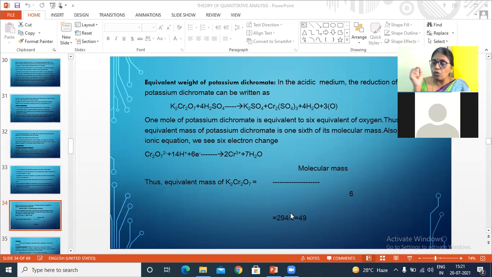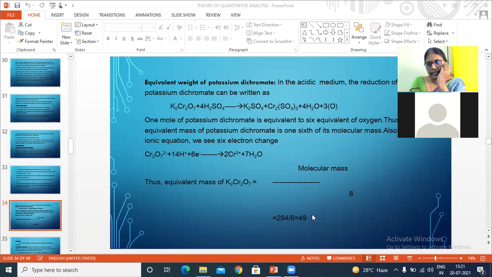If you are going to express the concentration of potassium dichromate in dichrometric titrations in terms of normality, only then do you need to find its equivalent mass or equivalent weight. Otherwise, no need. But you should know how to calculate the equivalent mass of a substance. Sometimes we don't know in what way we have to express the concentration.